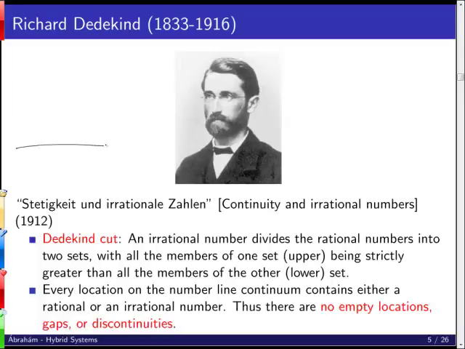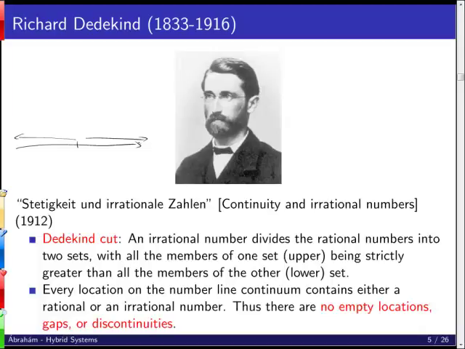So if this is the line of the real numbers, and you have an irrational number, then you know that one set of rational numbers is smaller, one set is larger, but all are comparable. And the real numbers are without holes. That means every point on the real line is a real number.